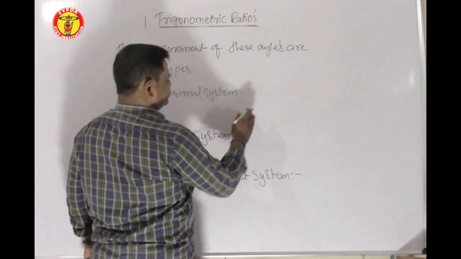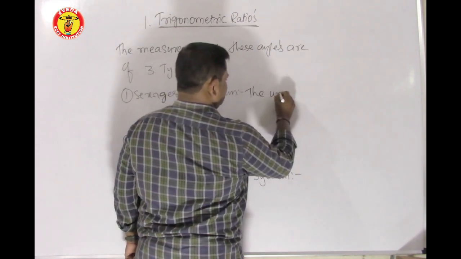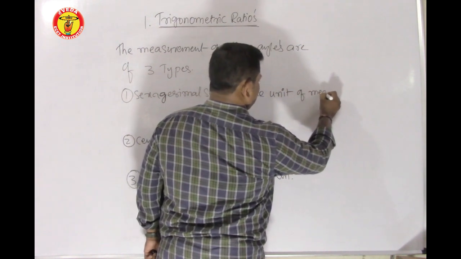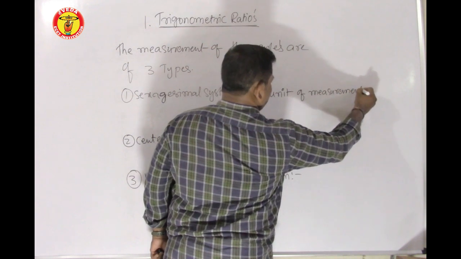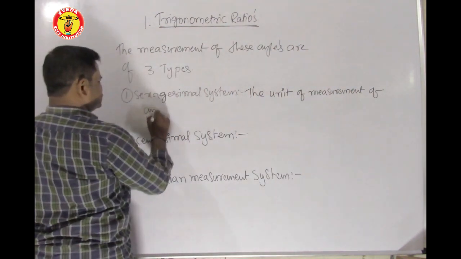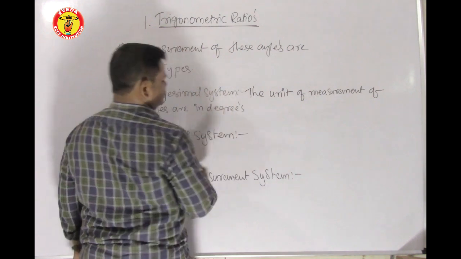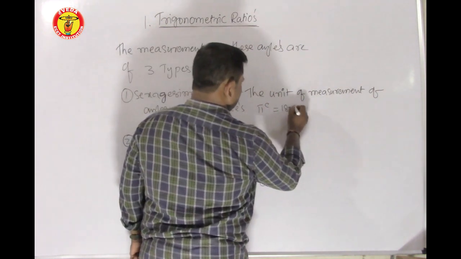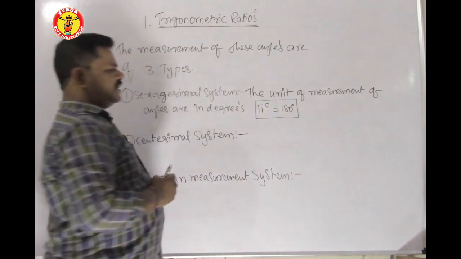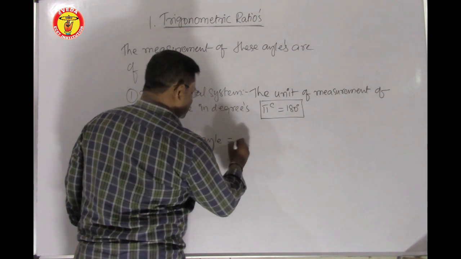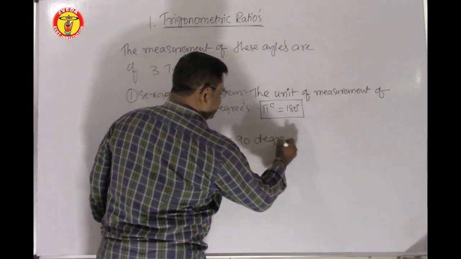In the sexagesimal system, the unit of measurement of angles is degrees, whereas pi radians is equal to 180 degrees. Pi by 2 radians is equal to 90 degrees.